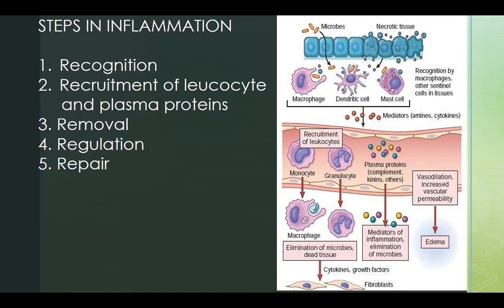Apoptosis is programmed cell death, in which the body itself controls the cell death. And then repair. Repair is by fibroblasts, which lay down some granulation tissue, and it will subside the inflammation.